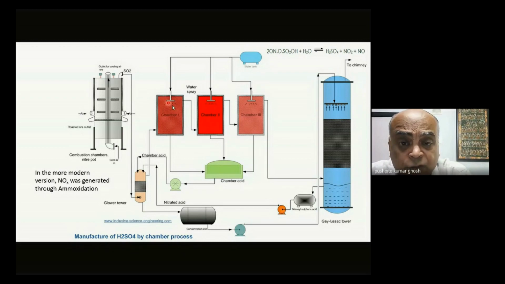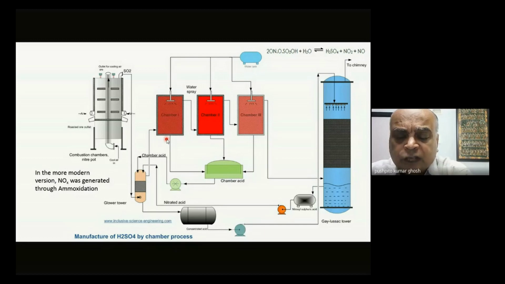And don't forget that we have to dissipate heat, because when the water is coming and there is SO3 over here, and it's forming sulfuric acid, it's very hot because it's an exothermic reaction. The metallic nature of the reactor helps to dissipate the heat, and also because of the passivation of the lead surface, obviously the sulfuric acid does not chew up the reactor. So those would be all the advantages of lead.